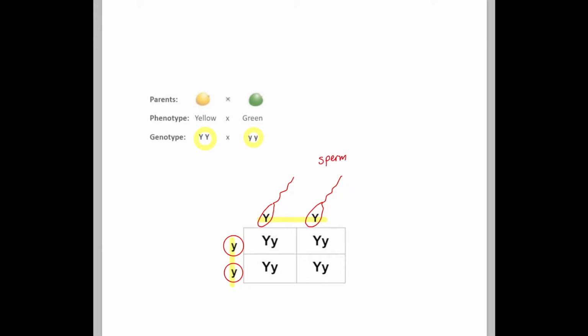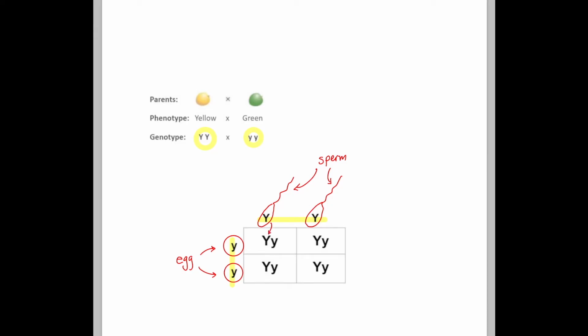This is a possible sperm cell that forms during meiosis, and this is the other possible sperm cell that forms during meiosis for this particular parent. This letter represents a possible egg cell, and this letter represents the other possible egg cell for this possible parent.